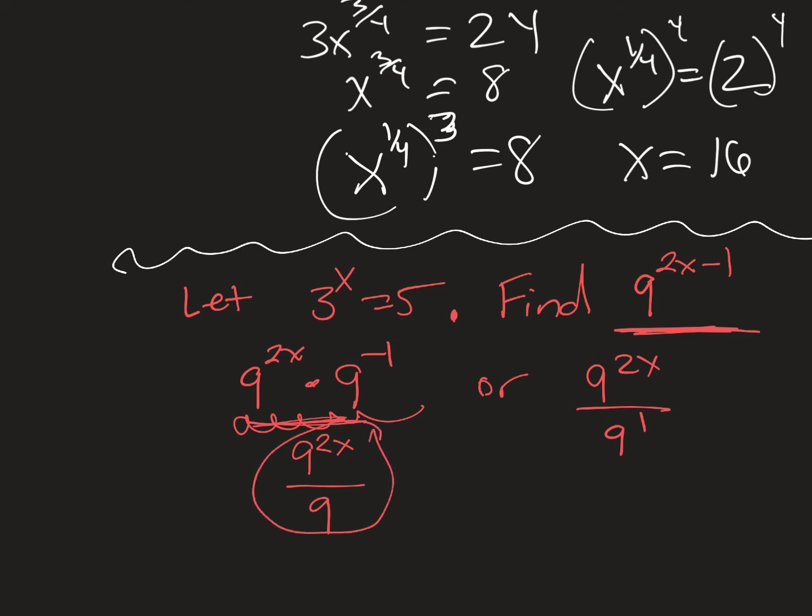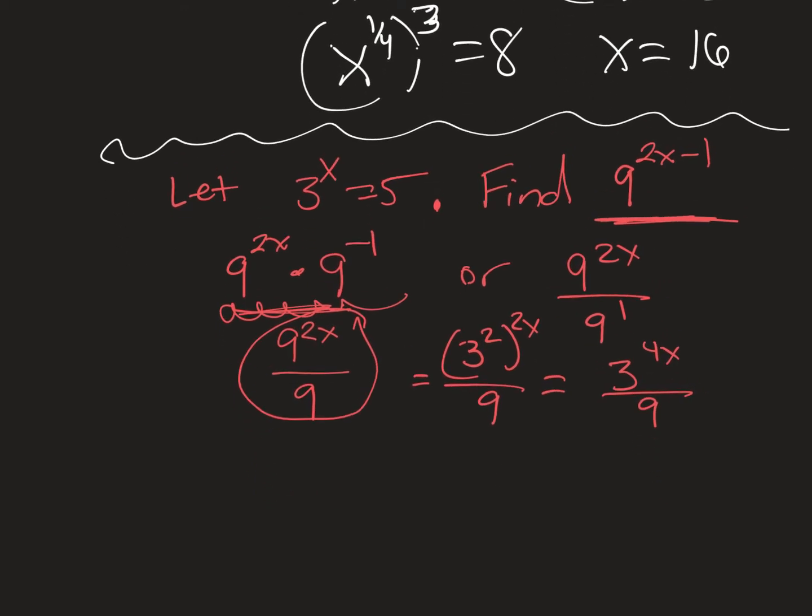Well, I still can't plug in 3 to the x, but I do know that 9 is 3 squared, so I've got 3 squared to the 2x over 9. And a power to a power, I multiply, so I've got 3 to the 4x over 9.